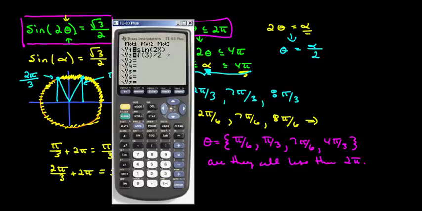So what I'm going to do is graph the function, and I'm also going to graph what it's equal to. And so let's go between 0 and 2 pi. And let's do these by pi over 6s because they'll be easiest to see. And I'm going to go between -1 and 1, only because sine can only take values between -1 and 1.